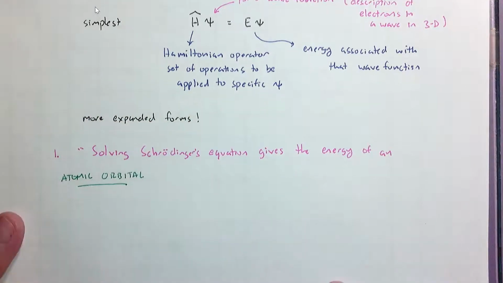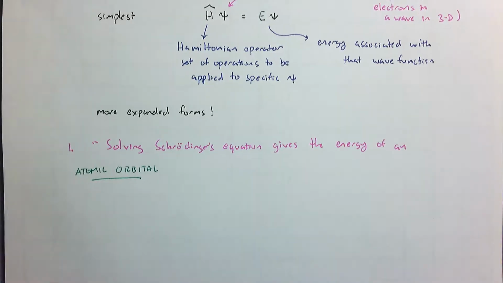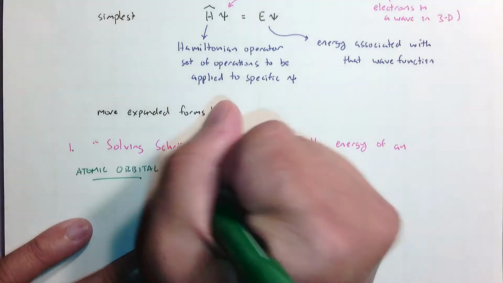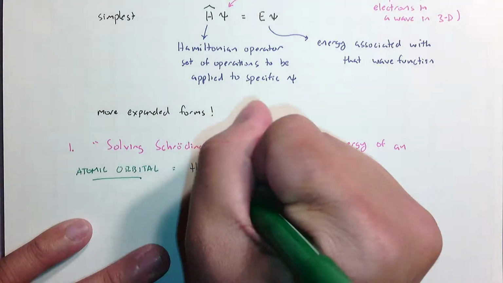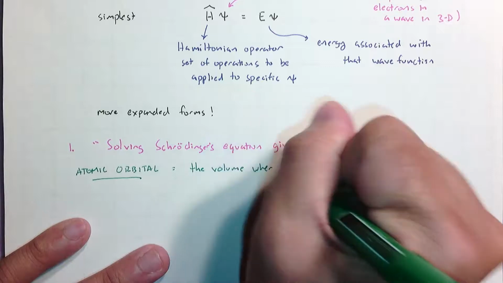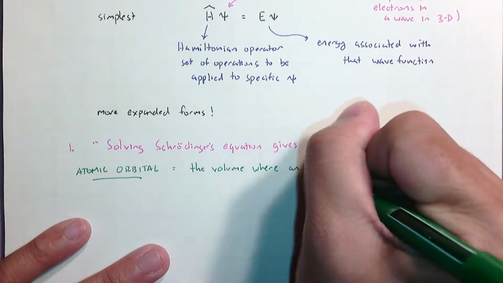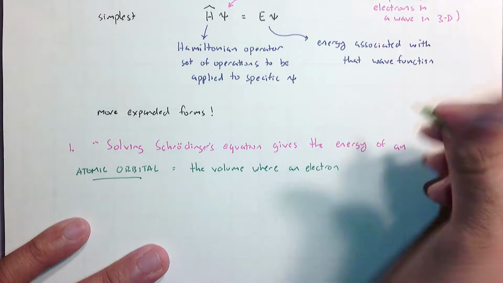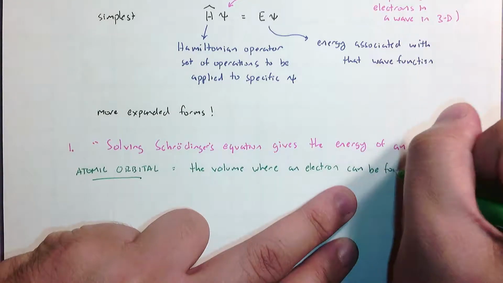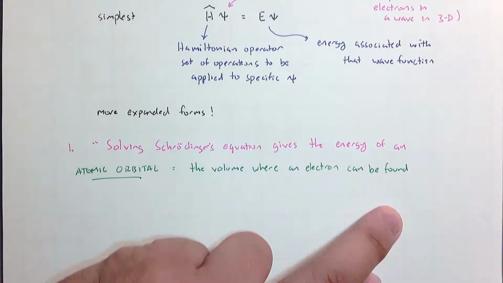Okay, that I believe is a new term for us, and that is simply the volume where an electron can be found. The number varies.